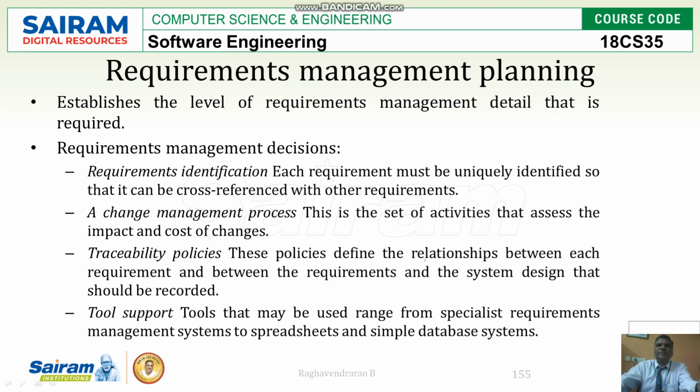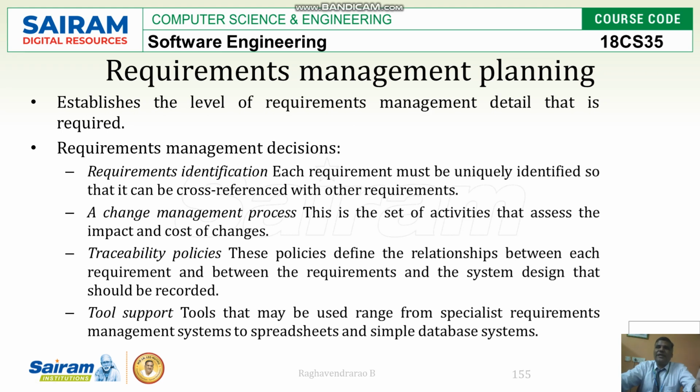For this you should have the plan. For the requirements management you have the plan how this is going to get established. So there are some decisions going to be there. First is requirements identification. What exactly do you need for the cross-referenced with other requirements.